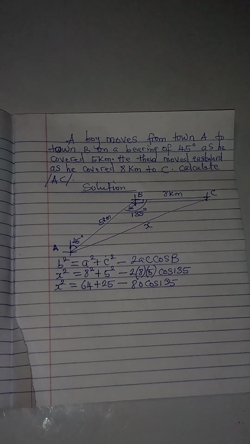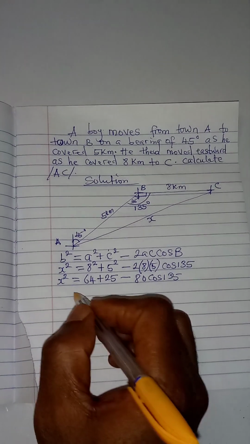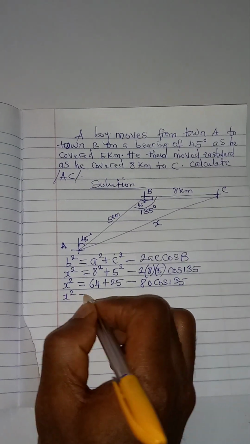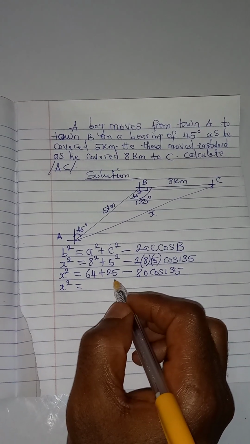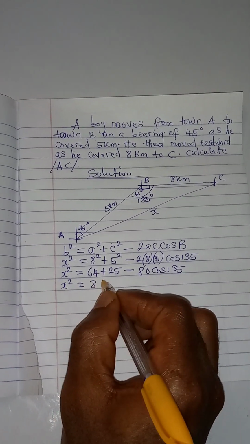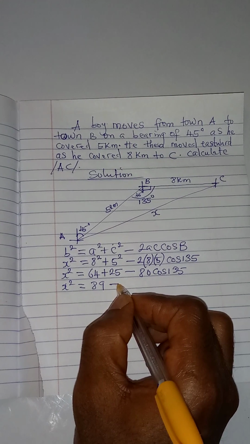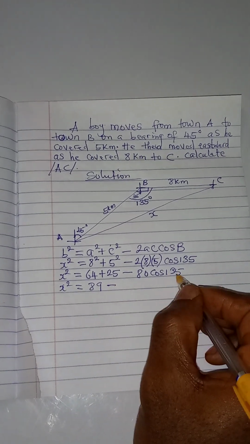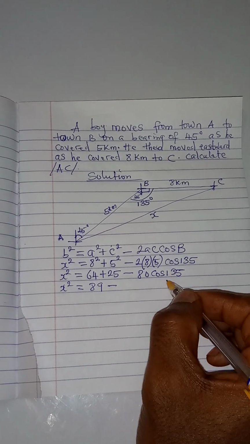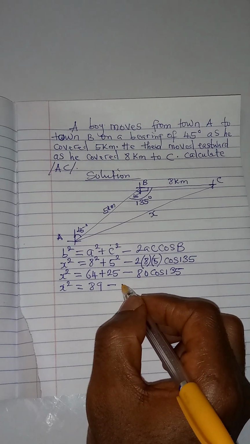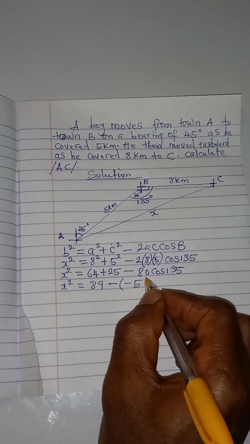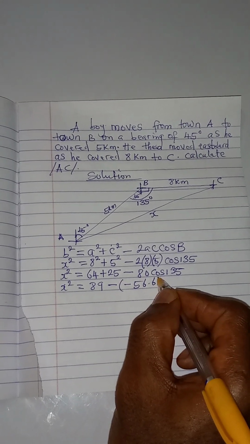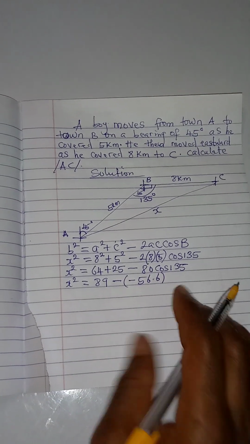So from here now, x squared will be equal to 64 plus 25 will give us 89. Then minus 80 cos 135. 80 cos 135 will give us negative 56.6.